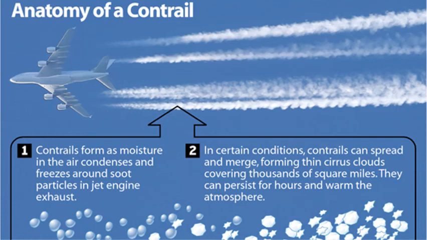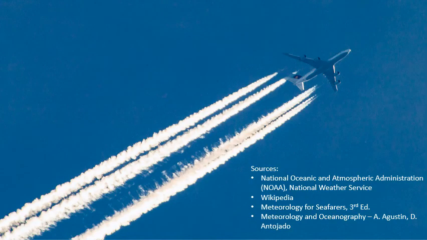Contrails are produced when the moisture in the air, from the soot of the engines of a jet or an airplane, condenses and forms cirrus clouds. So these contrails are a formation of cirrus clouds because, as we know, airplanes fly below the tropopause, which is at around 33,000 feet, and cirrus clouds form at high altitudes.